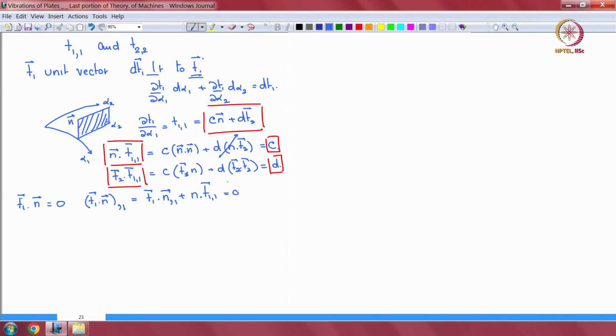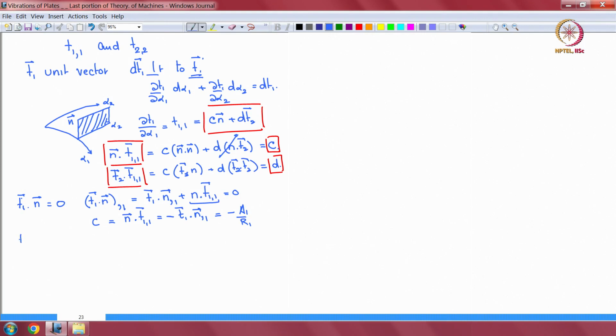And this is my C. So, C, which is equal to n dotted with T1,1, is equal to minus T1 dotted with n,1, which we know. So, this is equal to minus A1 by R1, we have derived this before.